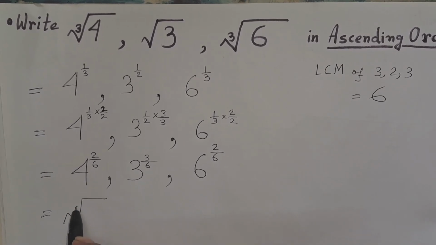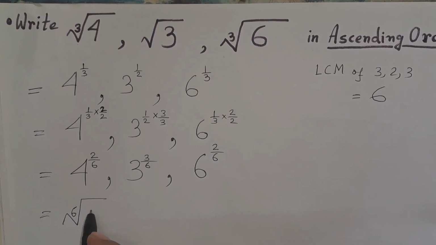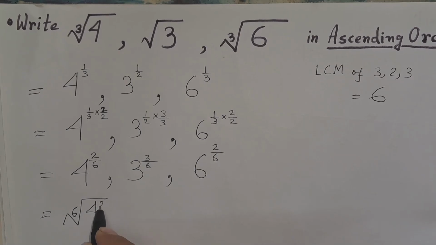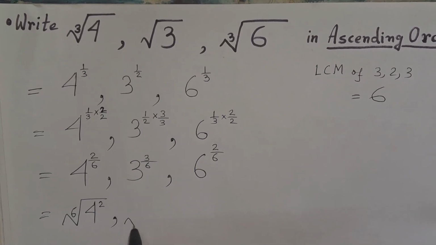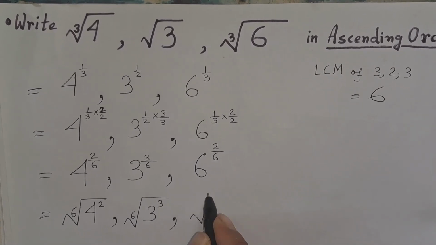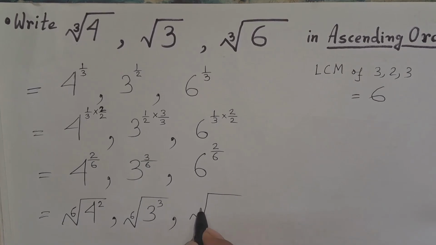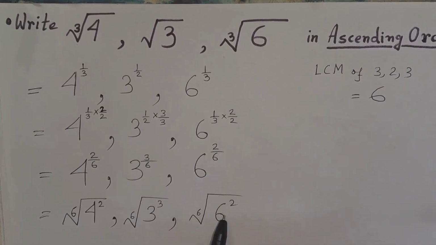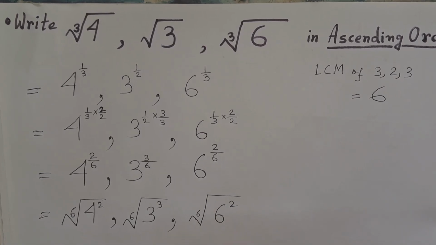So now we will write the denominators as the root. As it is 1 by 6, this would become the 6th root of 4 square, 6th root of 3 cube, and 6th root of 6 square. All of this will become the 6th root.